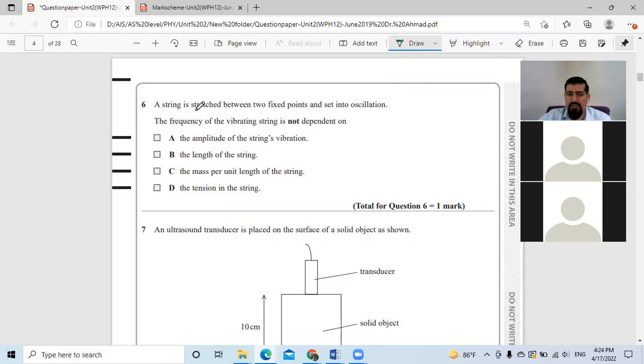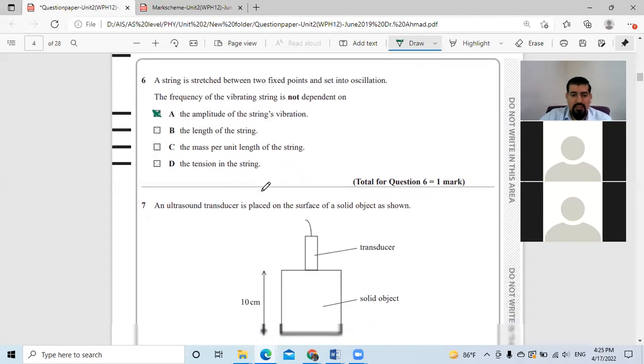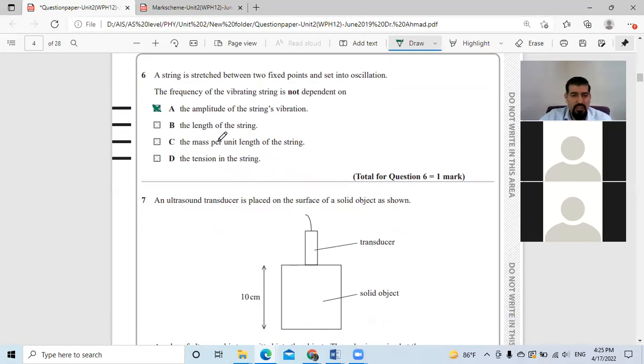We know the frequency depends on certain quantities according to the formula they give you at the end of the exam booklet. It depends on the mass per unit length and the tension, and it depends on the length, but it doesn't depend on the amplitude. So the answer is the amplitude.